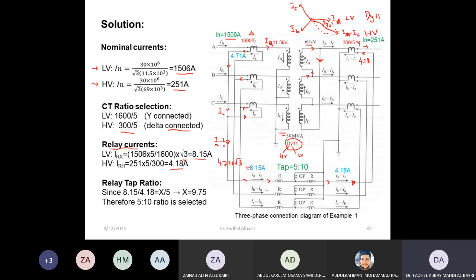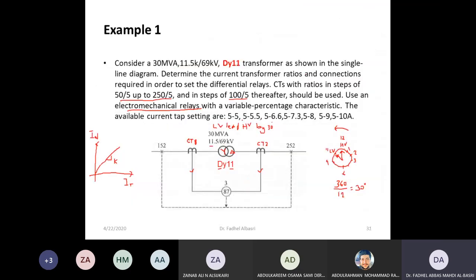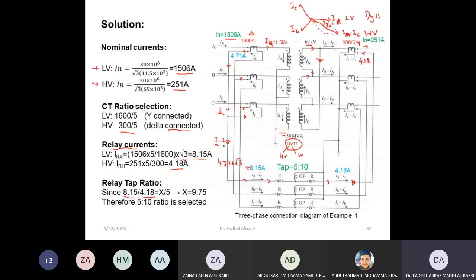The actual current ratio is 8.15 divided by 4.18, and I want something x to 5, because I choose among 5, 5.5, or 10 and so on. I choose the higher divided by the fixed current.